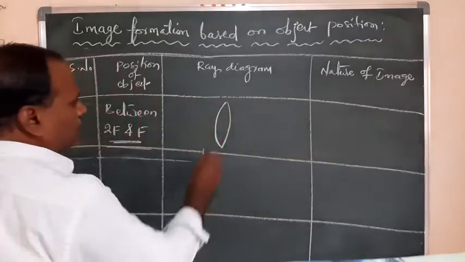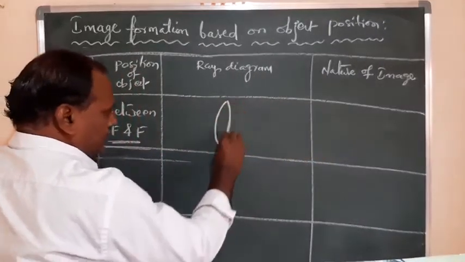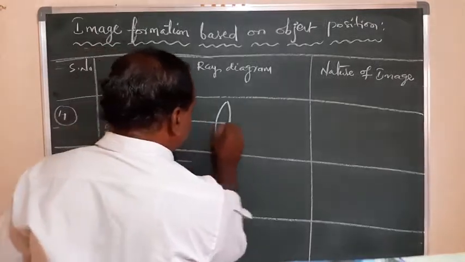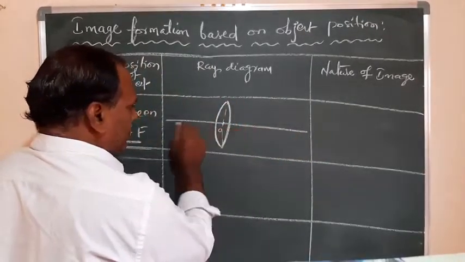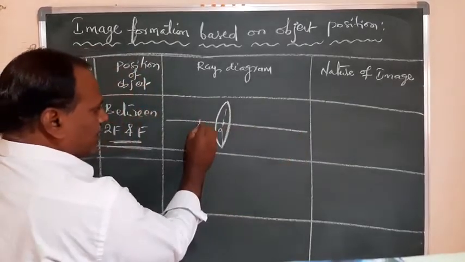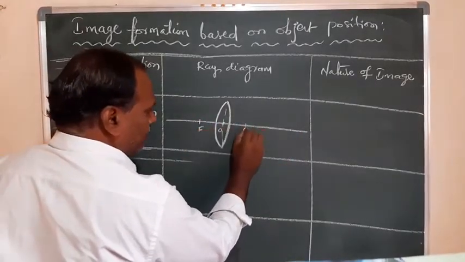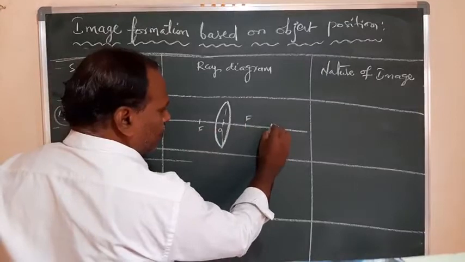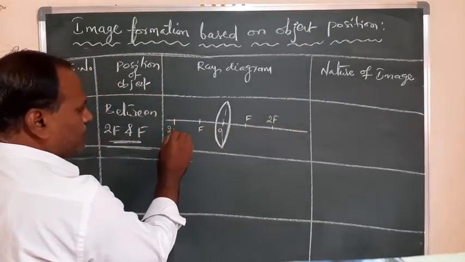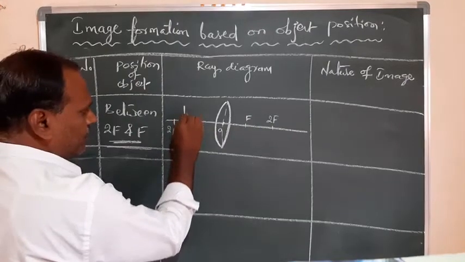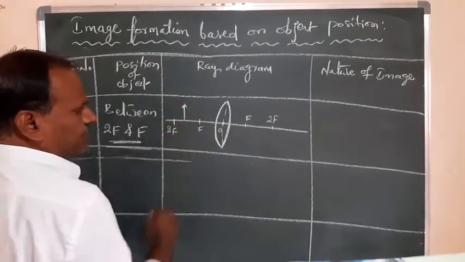So the ray diagram for this one is as what we have here. So lens, convex lens, this is the optic center and the straight line is the principal axis. Here it is F, here also you have the focus F, and here you have the 2F, 2 times the focus. Here also you have 2 times the focus. Now the object is kept between 2F and F. Here the object is there.